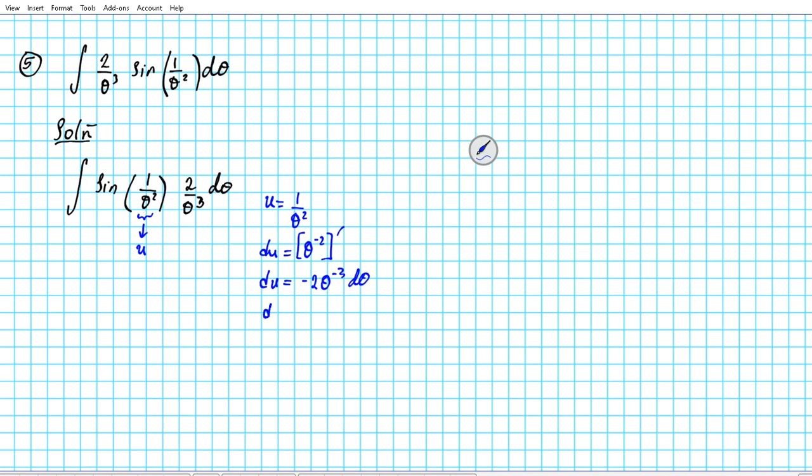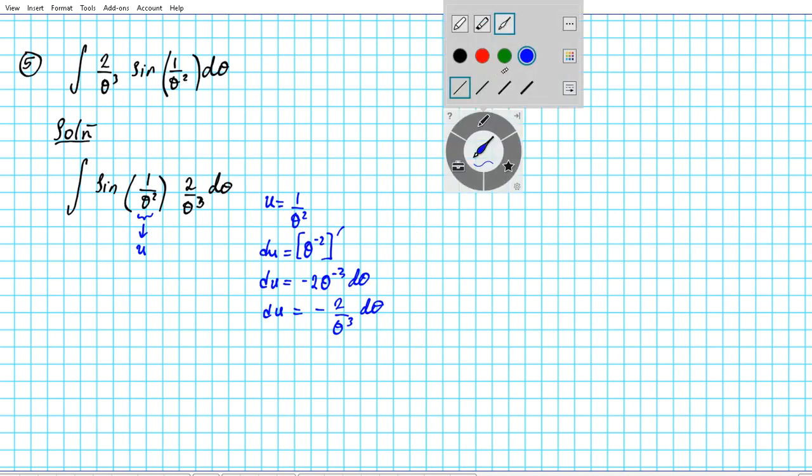Okay, so let's make that look a little bit nicer. The du is negative 2 over theta cubed d theta. Now, what is 2 over theta cubed d theta? We know that du is the opposite of 2 over theta cubed d theta. So 2 over theta cubed d theta will just be the opposite of du.